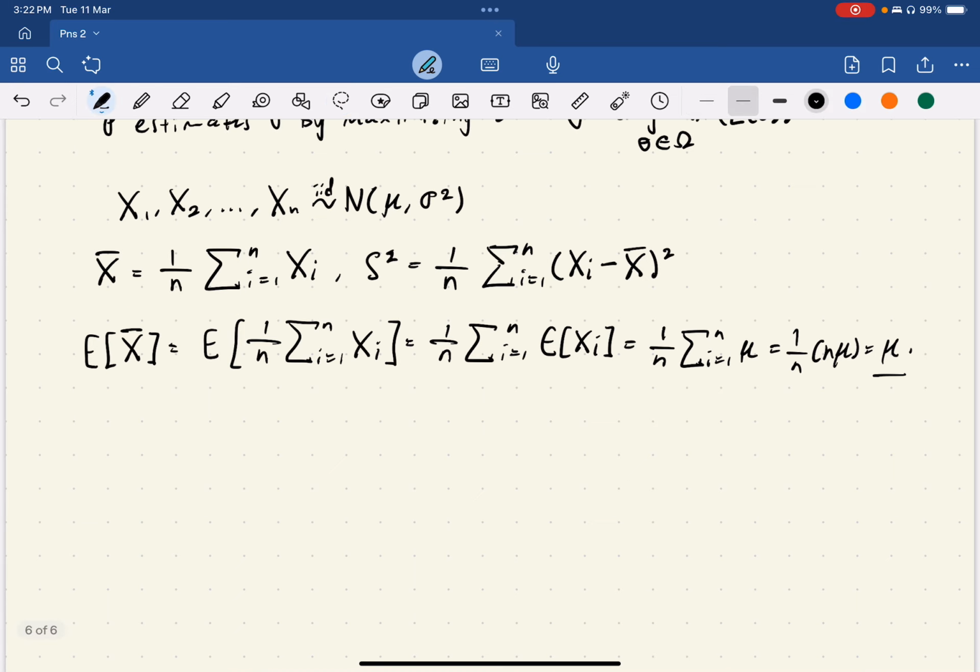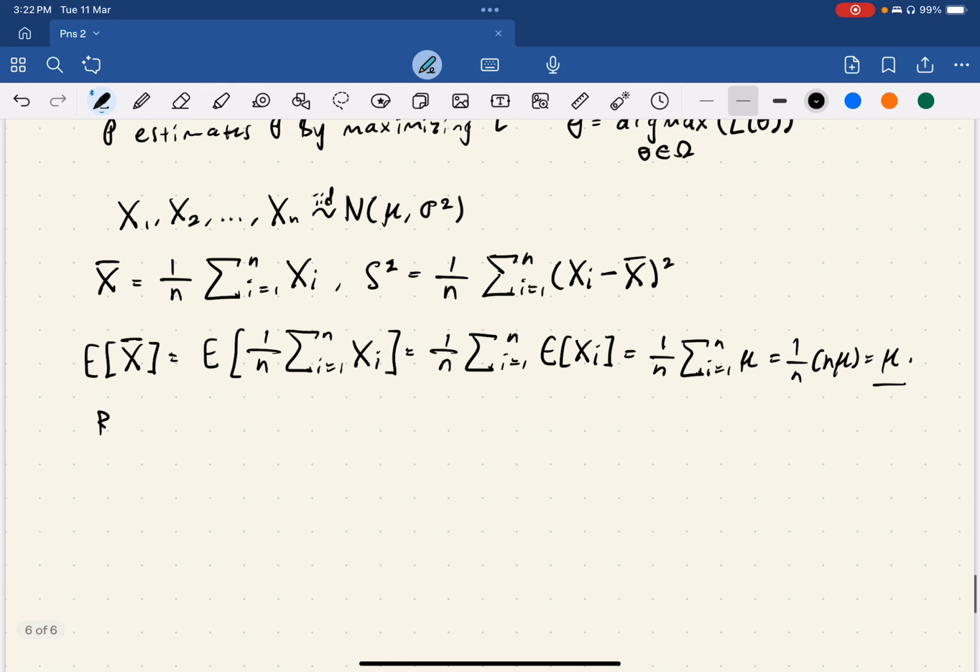And this property of estimating the correct actual value is what we call bias. Since x bar is an estimator of mu, we denote it as mu hat.